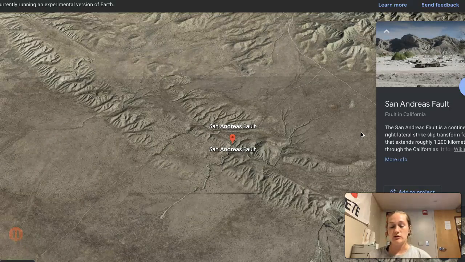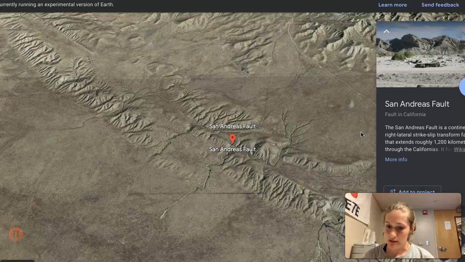So by breaking it up into three sections, it's easier to predict how much earthquake activity can happen in a location based on which segment of the fault you're located in, because all of the three different segments have different degrees of earthquake activity, which just means how likely you are to get an earthquake and how large of an earthquake you will get in each of the segments.